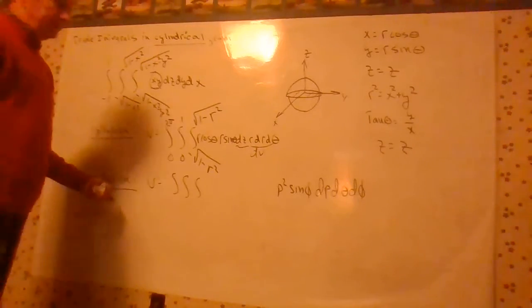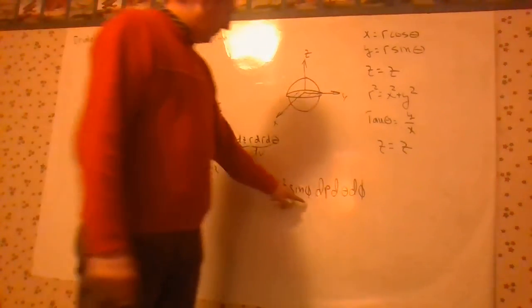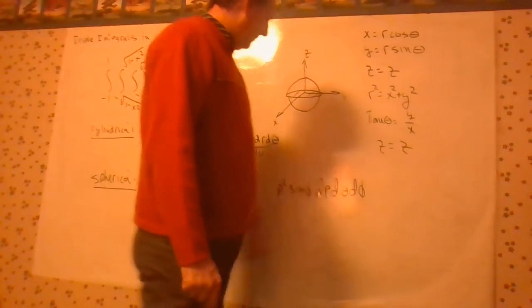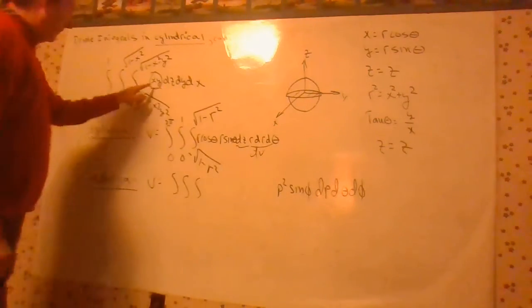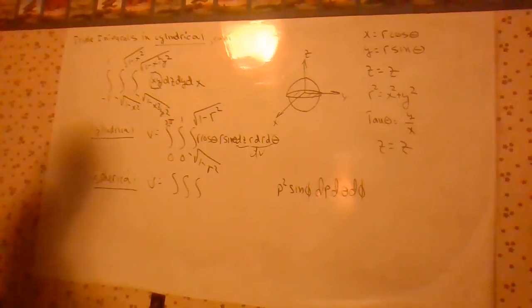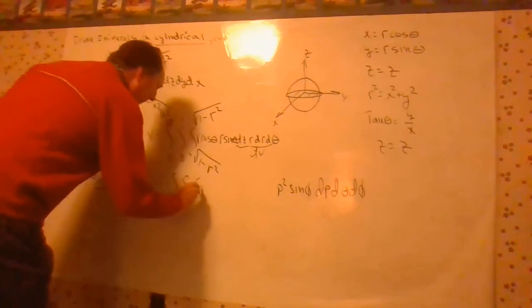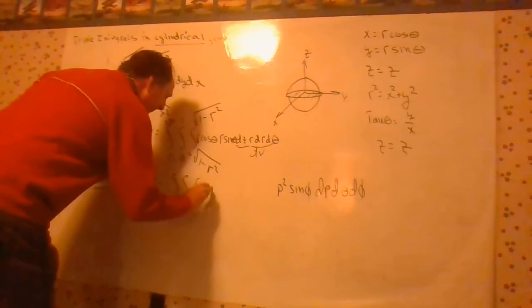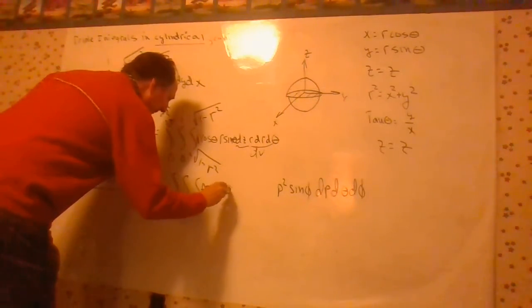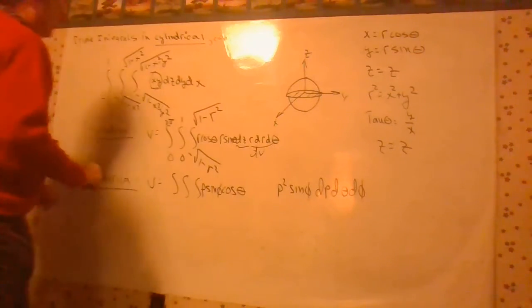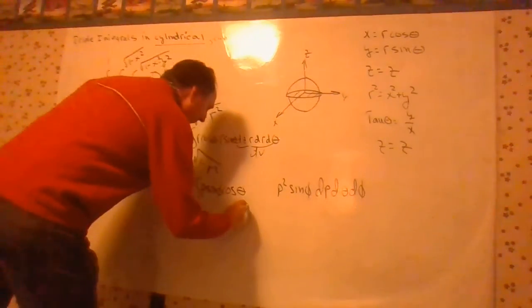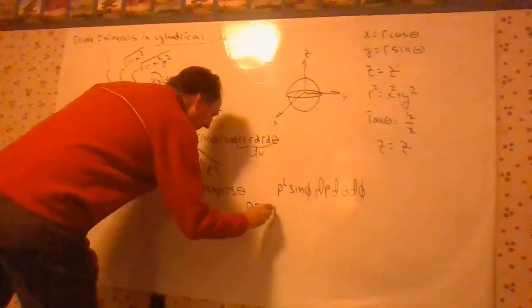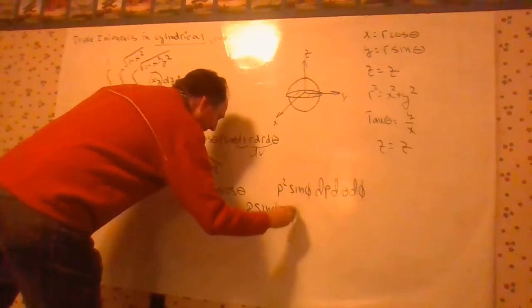Now in spherical, we have an element of volume, rho squared sine phi d rho d theta d phi, that's a given. We have to convert x to spherical, and that's equal to rho sine phi cosine theta. And then y we convert is rho sine phi sine theta.